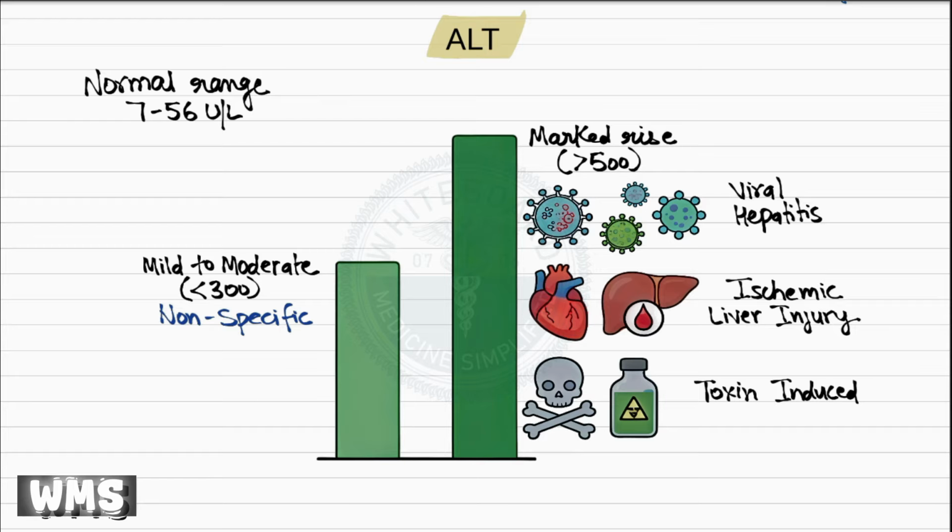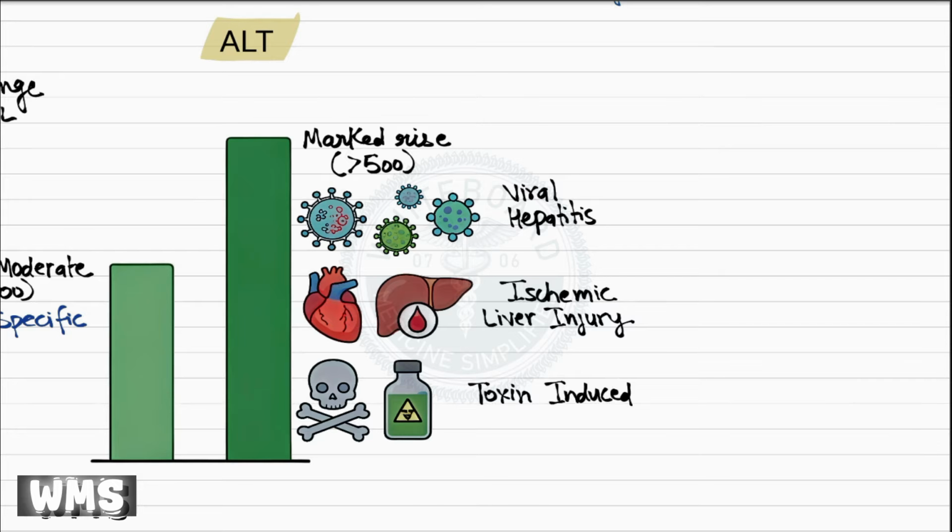Viral hepatitis, types A, B, C, D, and E, can all cause significant increases in ALT. And interestingly, hepatitis C tends to cause a greater rise compared to hepatitis A or B. In cases of acute hepatitis C, ALT levels are often monitored periodically for 1 to 2 years.